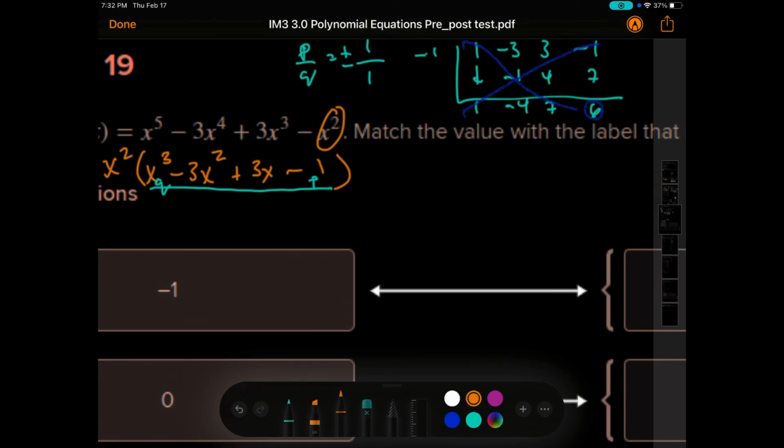Let's go ahead and try positive 1. 1, negative 3, 3, negative 1. Bring it down, multiply, add, multiply 1 times negative 2 is negative 2, add, multiply, add, and we get 0.